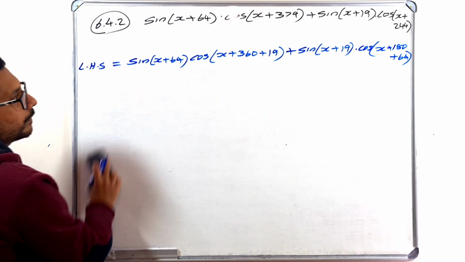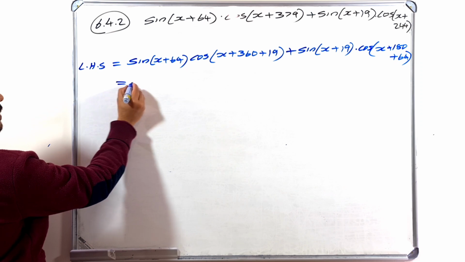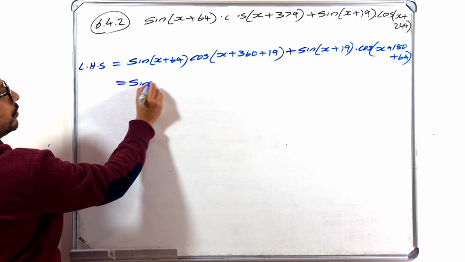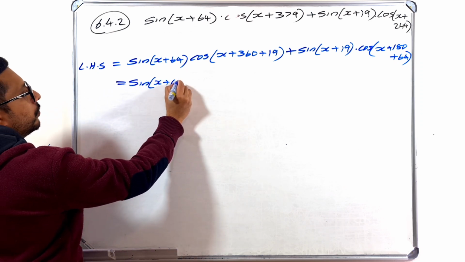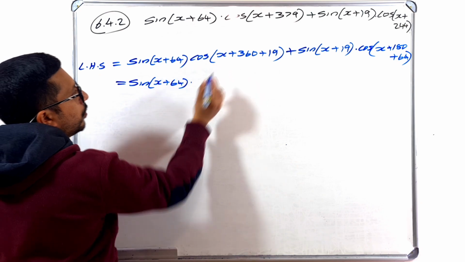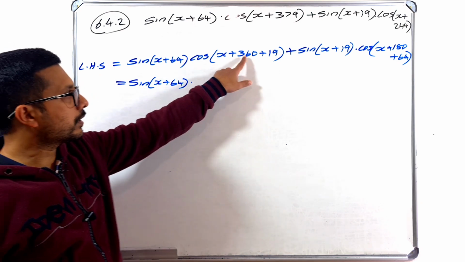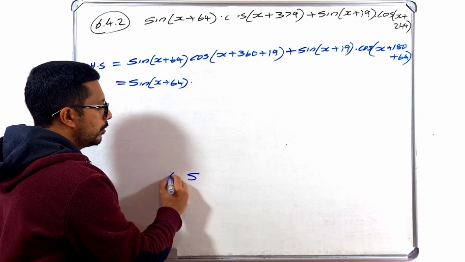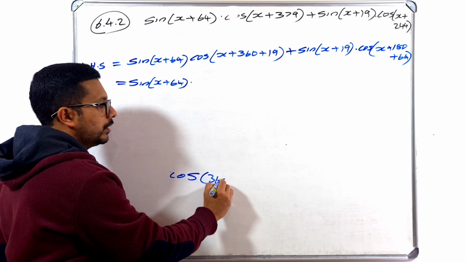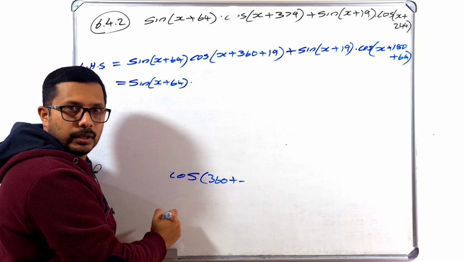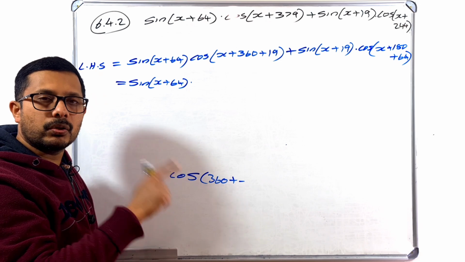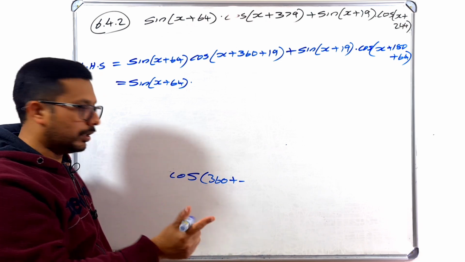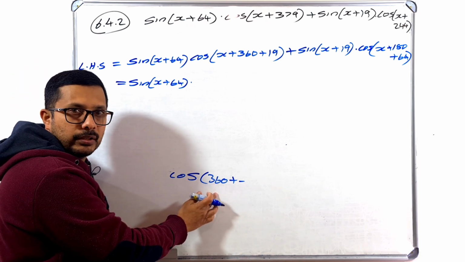Now, this is sine of x plus 64, then cos of, let's write this one first. Normally we write the 360, 180, 90 or 270 first.